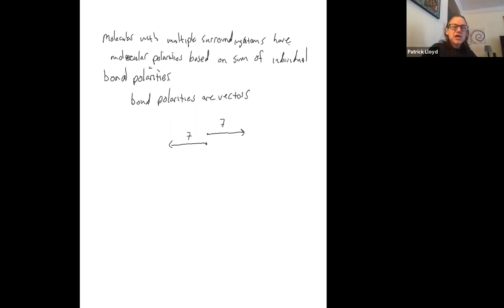The answer to adding those two together is not 14. If we call this vector A and vector B, we would not claim that A plus B is equal to 14. And the reason is the directions matter.